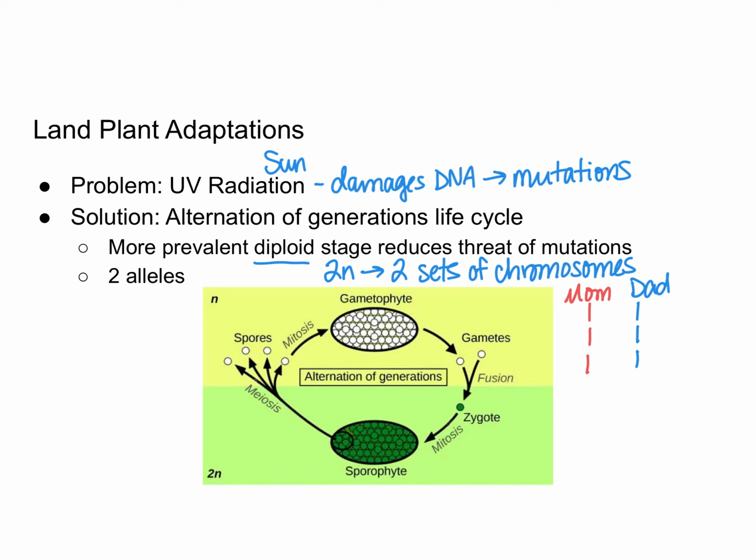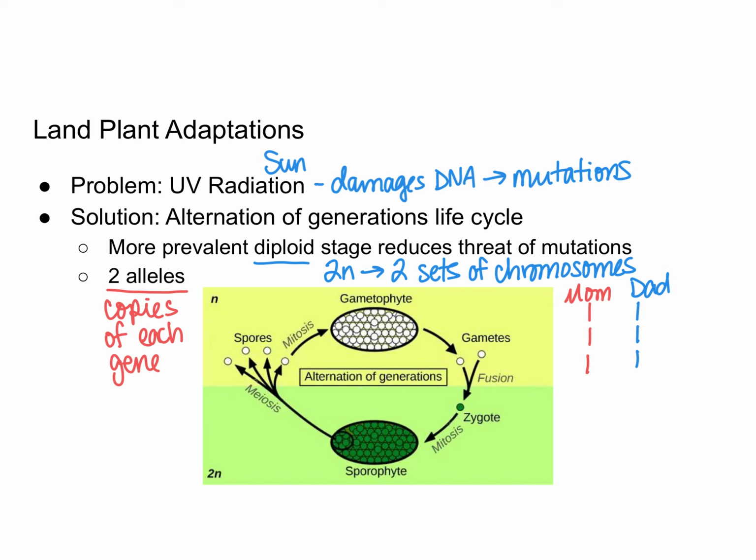And if you think back to learning about basic genetics, when you have these paired chromosomes, it means that you have two alleles or two copies of each gene. And these copies might be slightly different from each other. Remember with genetics, you probably learned about homozygous dominant, heterozygous, and homozygous recessive. So the copies might have the same information or they might have slightly different information from each other.